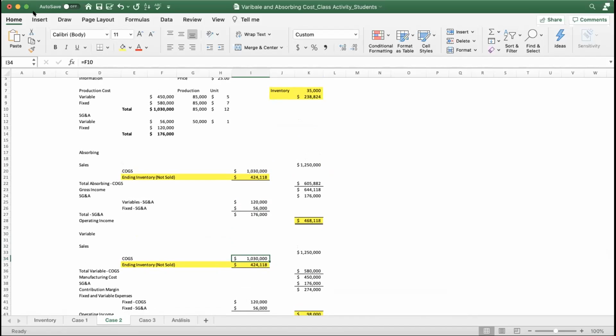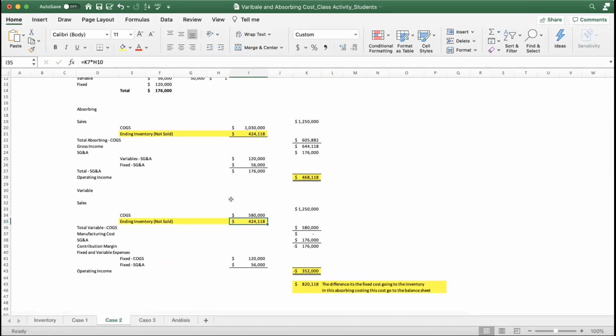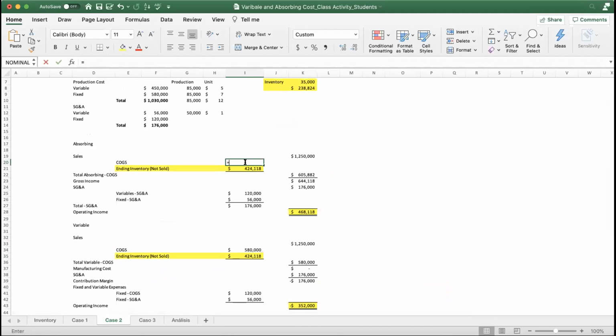No? Because you have to use just the variable, exactly. And you are not doing that. You are taking again the fixed cost. Now you need to take the variable in both of the cost when you are doing the variable costing.